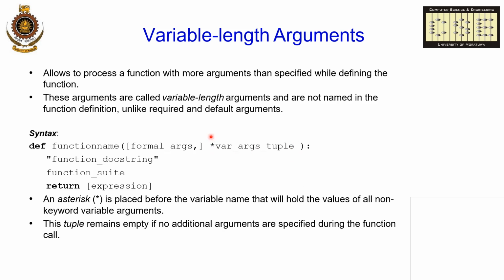The unique thing to see, or how you differentiate this from the other arguments that we have seen before, is this leading asterisk. This asterisk indicates that this is the argument that will eventually hold the variable length arguments.